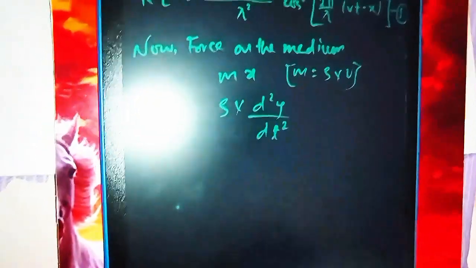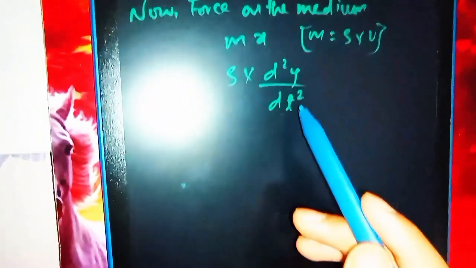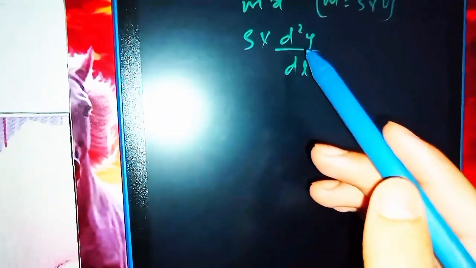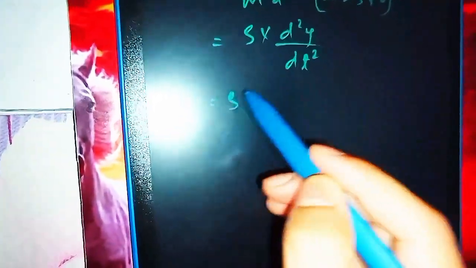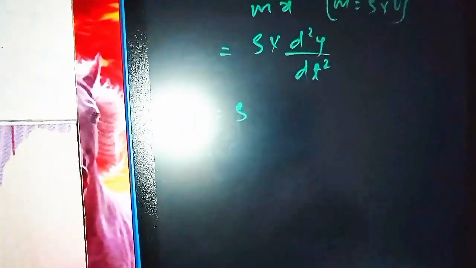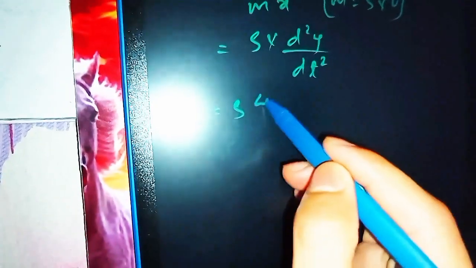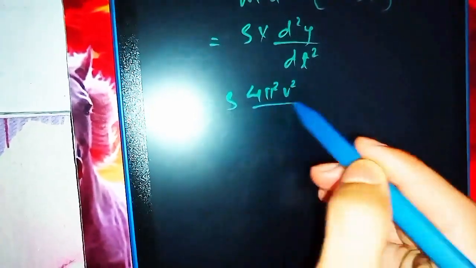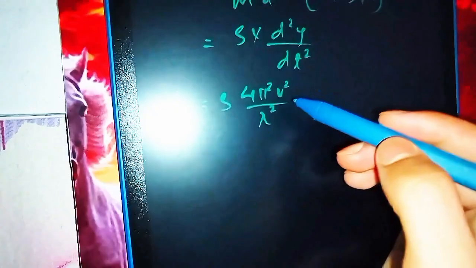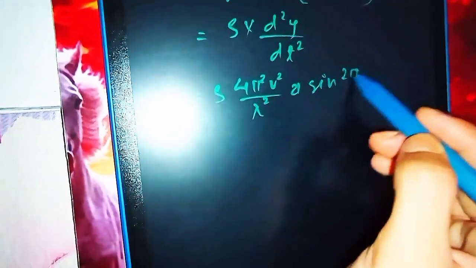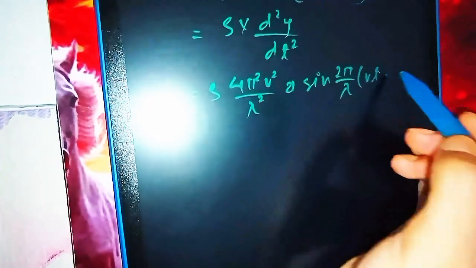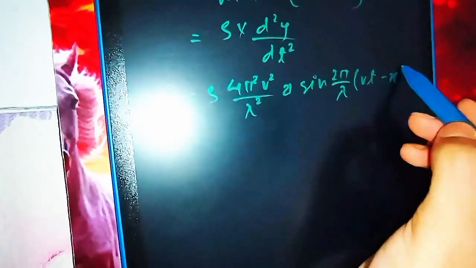Remember, this is not (dy/dt)² but the second order derivative. So this will be equal to rho and 4π² v² by λ² a sin(2π/λ)(vt − x).